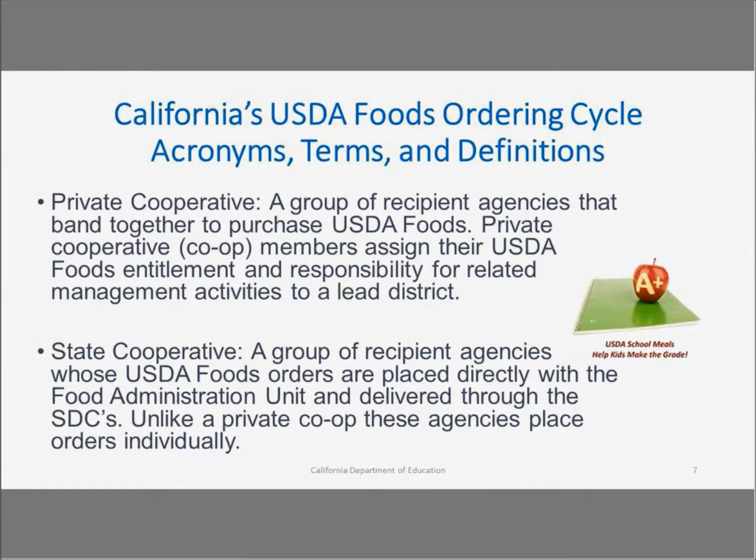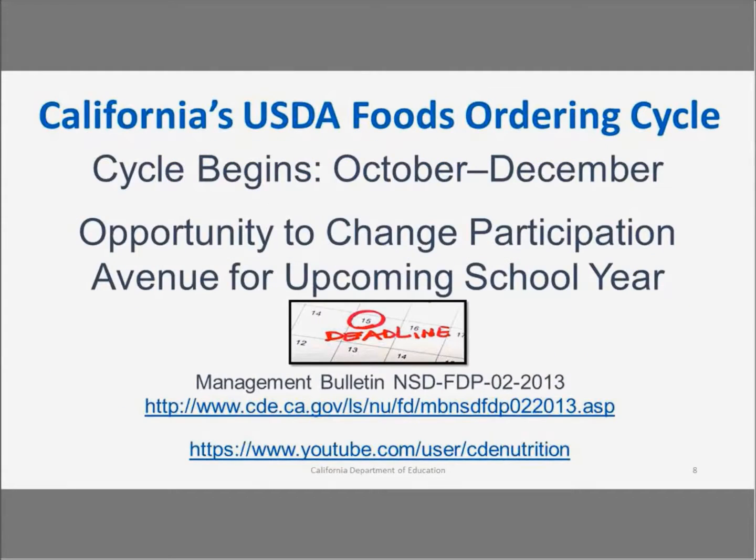And finally, a state co-op is a group of recipient agencies whose USDA Foods orders are placed directly with the CDE Food Administration Unit and delivered through the state distribution centers. State co-op members request USDA Foods through a CNIPS survey, and unlike a private co-op, these recipient agencies place orders individually. Now that I've reviewed some key terms, let's begin.